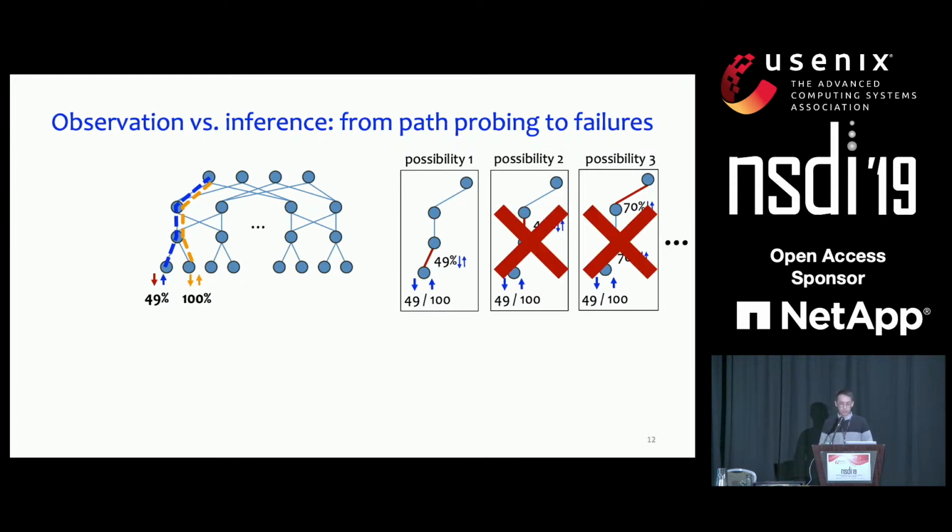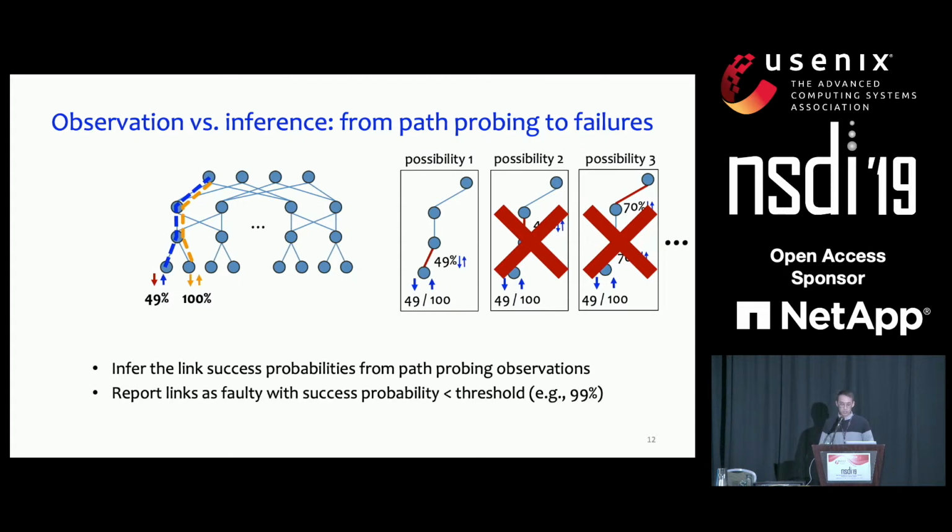If the orange line is totally healthy, then we know that case 1 should be the fact. I bet you got the flavor here. Based on the different path probing observations, we can infer the link success probability. And we will report those whose success probability is lower than a certain threshold, for example, 99%.